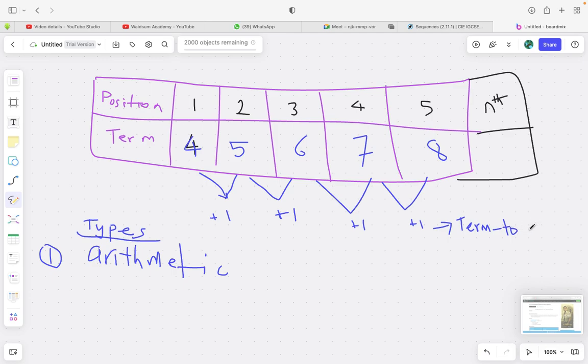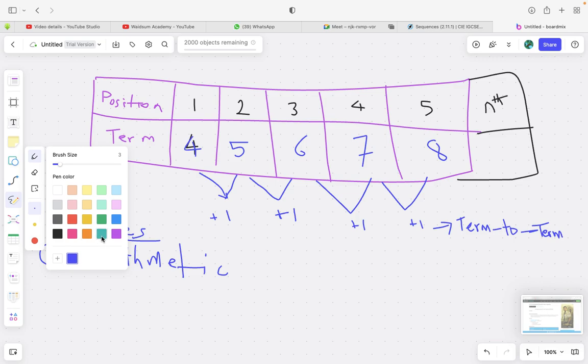We say this sequence has a common difference. When there is a common difference, either positive or negative, we say it's an arithmetic sequence. Is that okay?